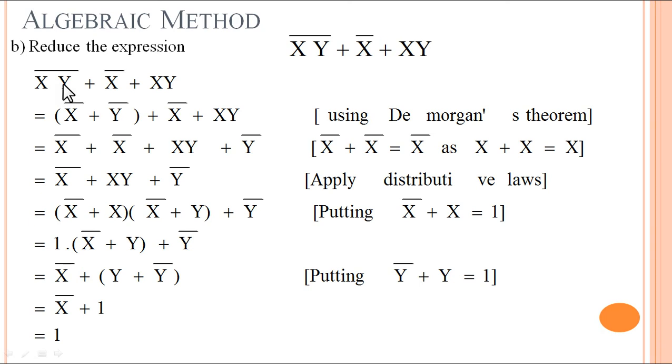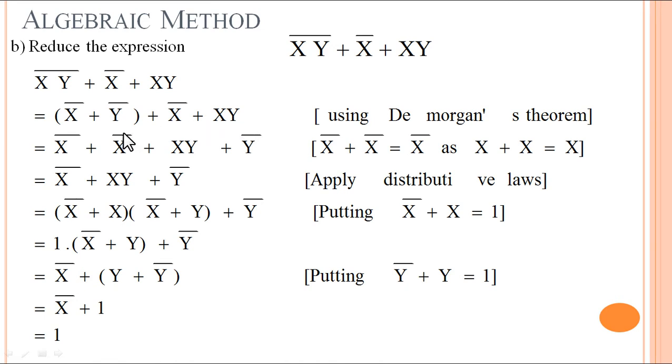You know De Morgan's theorem: break the line and change the sign. It is applied to x into y whole bar, so we divide it. What will happen? x bar plus y bar. Similarly, whatever the other terms are, we write them here. So the terms will be x bar plus y bar plus x bar plus x into y.